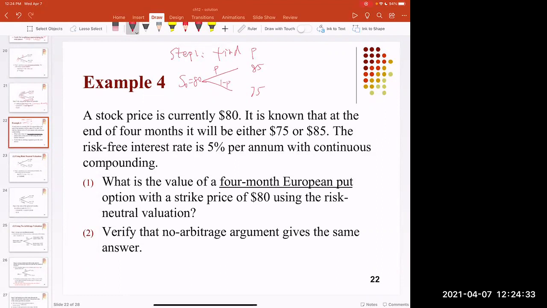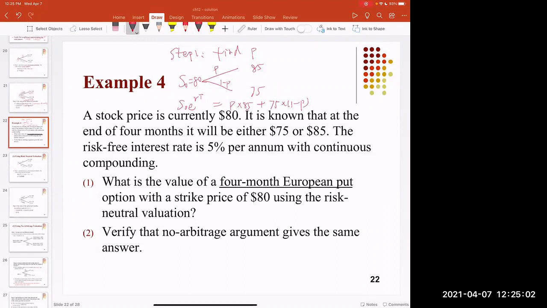Left-hand side, based on the stock price today, we can do continuous compounding to get the expected value at time t. And the right-hand side, based on the probability, is the probability times 85 plus 75 times 1 minus p, right? So the right-hand side is about p. So p is what we are looking for.